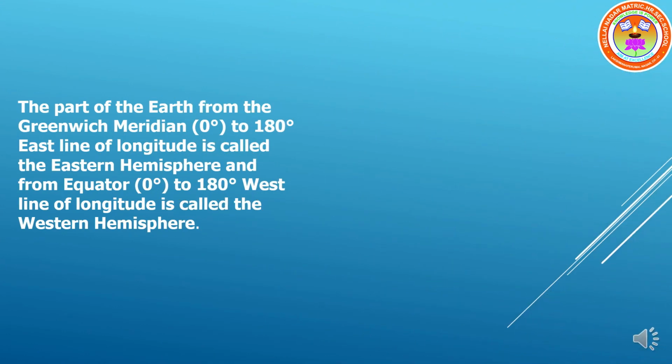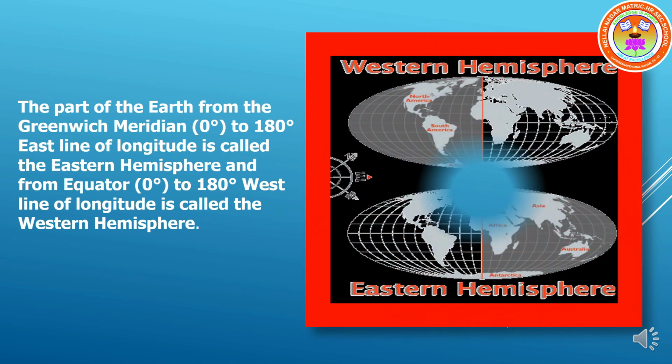Next, the part of the earth from the Greenwich meridian 0 degree to 180 degrees east line of longitude is called the eastern hemisphere, and from the Greenwich meridian 0 degree to 180 degrees west line of longitude is called the western hemisphere.